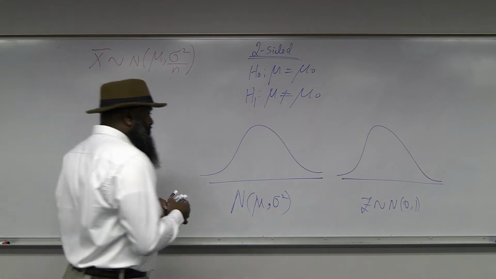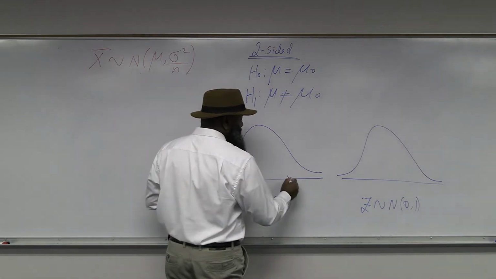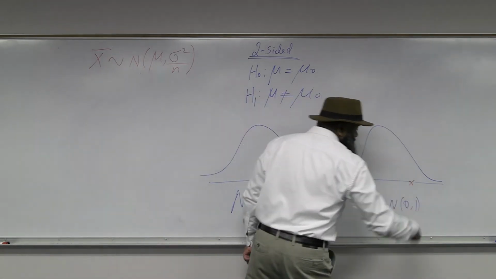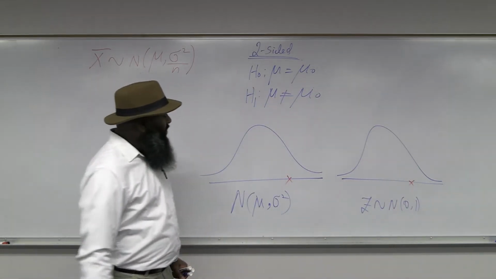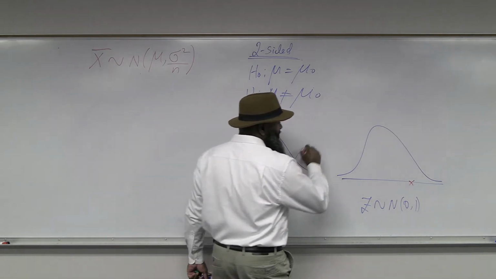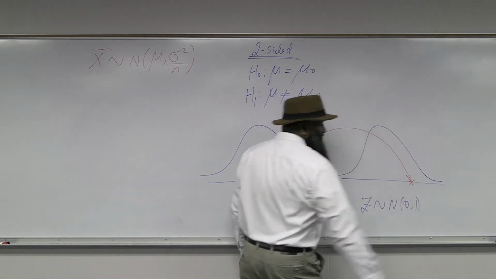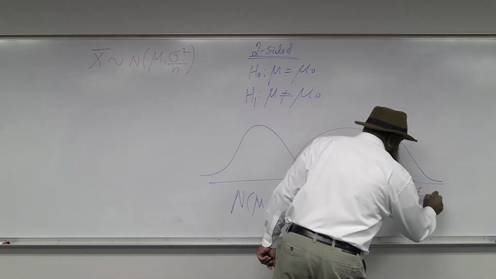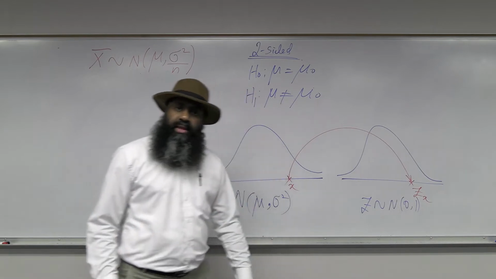Any point on this distribution, since it is a normal distribution, can be mapped onto the standard normal distribution. Let's say this is x. This will have a corresponding image on the z distribution. Let's say it's the z-score of x, zx.